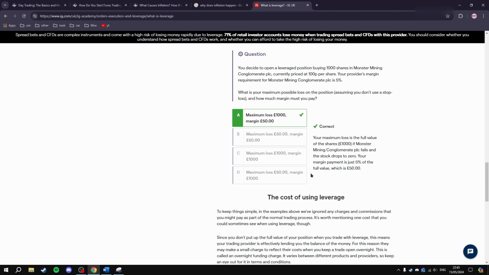Your maximum loss is the full value of the shares, £1,000, if Monster Mining Conglomerate PLC fails and the stock drops to 0. Your margin payment is just the 5% of the full value, which is £50.